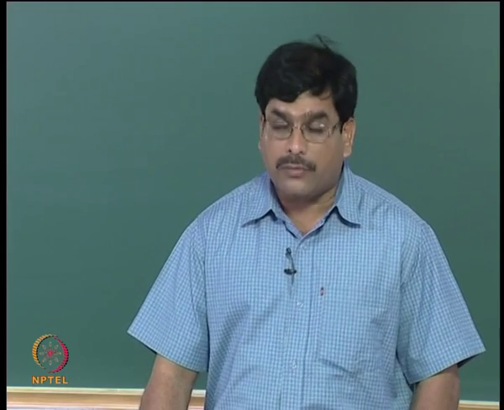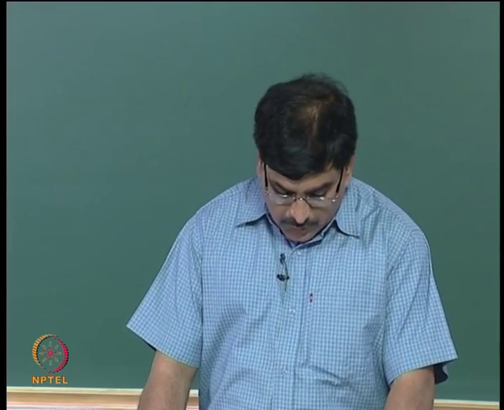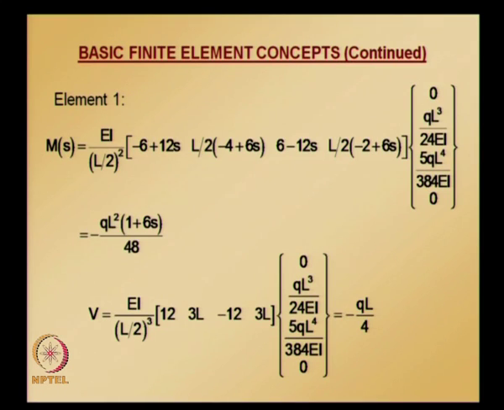It is not a function of S. And from this, we have seen earlier what is the exact value of shear at the left hand and what is the bending moment value at the midspan. So to get the shear at the left hand, substitute S is equal to 0, and to get bending moment at the midspan, substitute S is equal to 1.